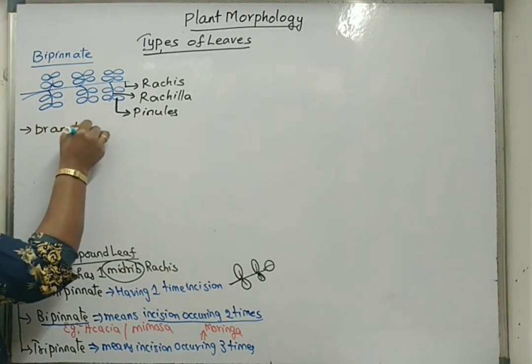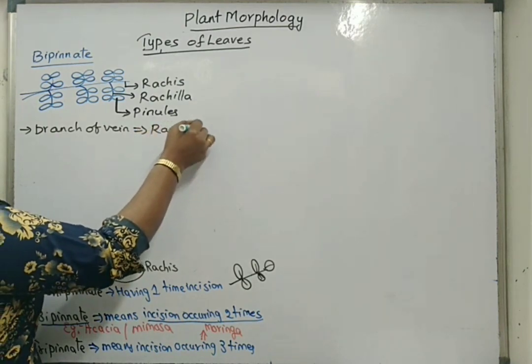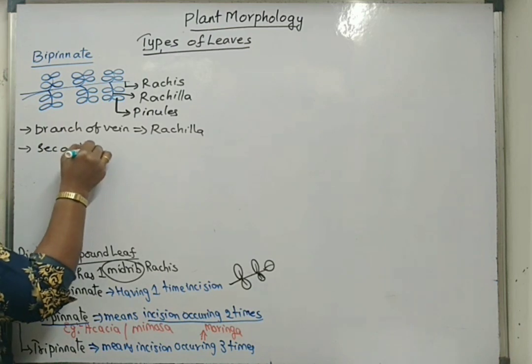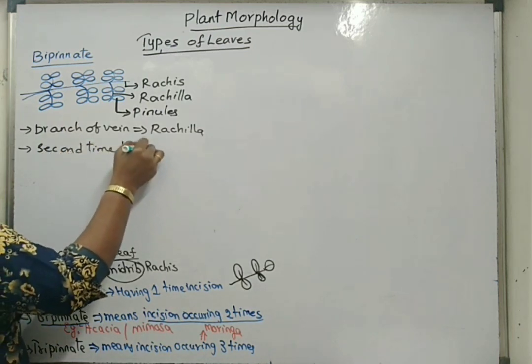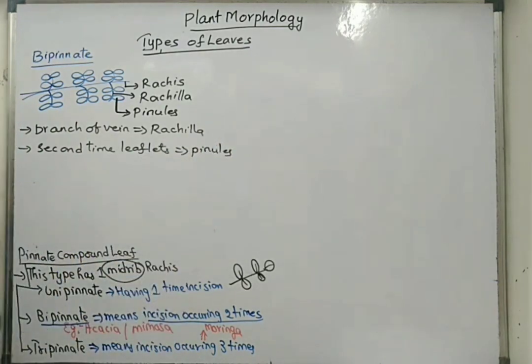Branch of vein, now termed as rachilla. Next, second time leaflets, now termed as pinnules, not leaflets.